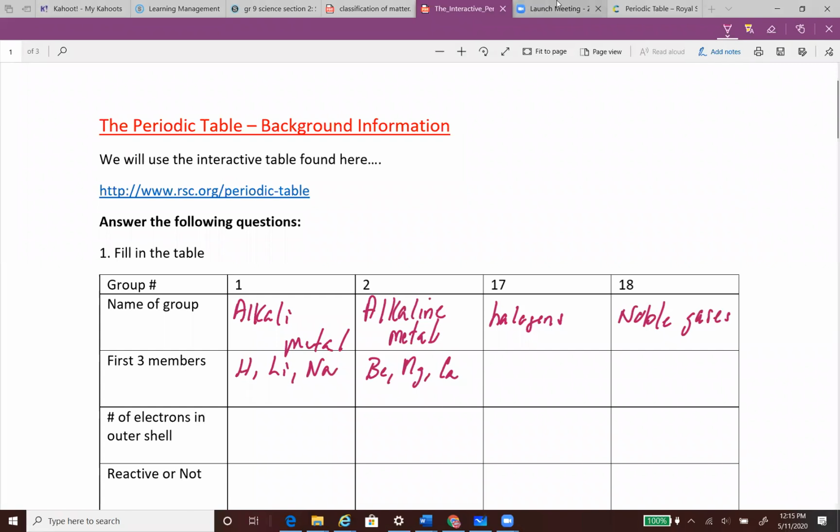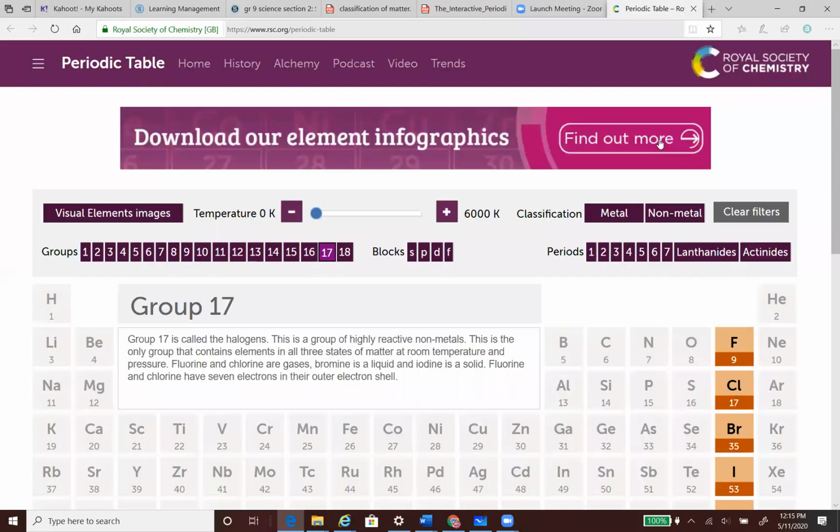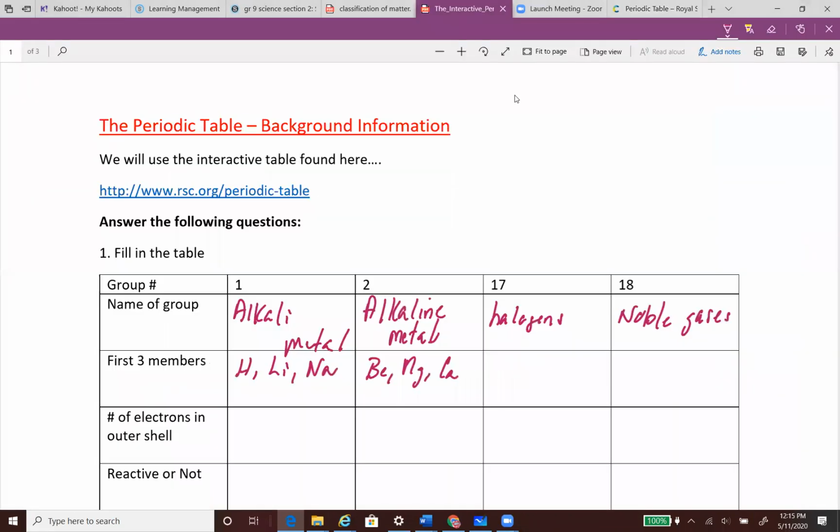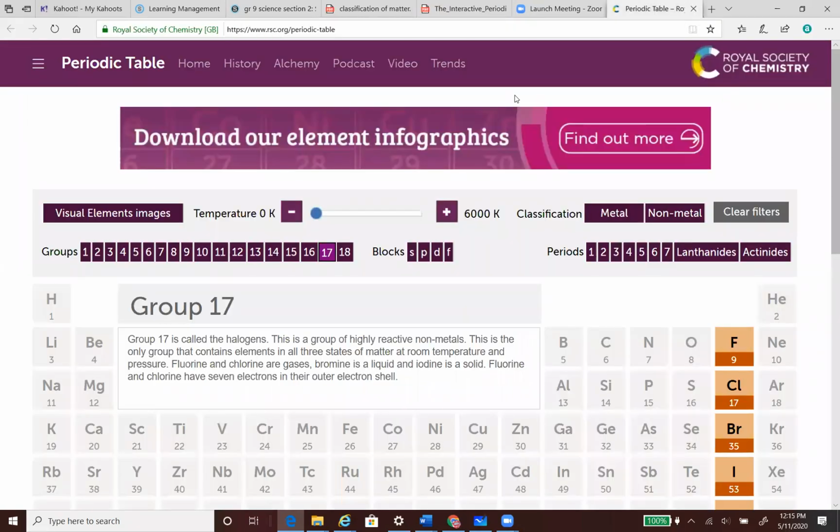If I look at group 17, the halogens, it's fluorine, chlorine, and bromine. And if I look at the noble gases, the first three members are helium, neon, and argon.